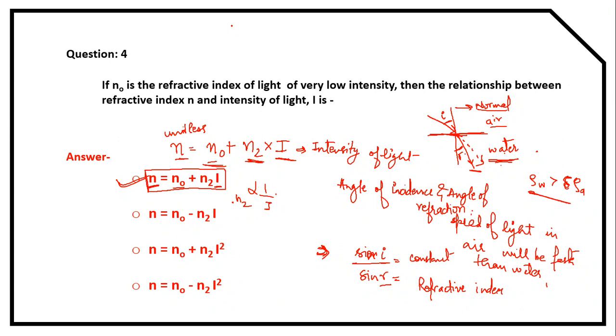And one more point to discuss here is that if n naught is the refractive index, then this Kerr lensing will not be observed for our case, because here they are talking about a very low intensity beam of light.